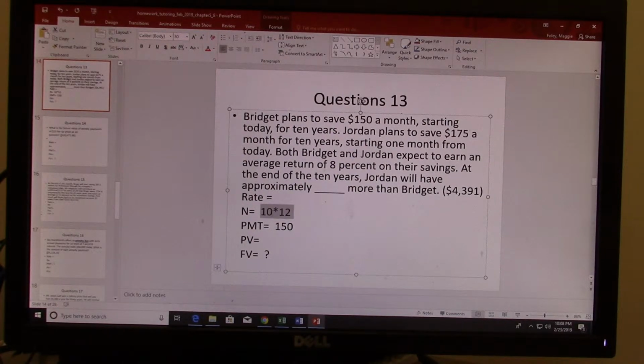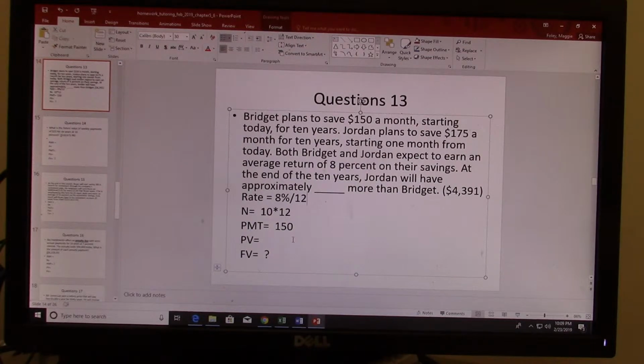So N should be 10 multiplied by 12. The rate should be 8%, but divided by 12. 8% is the annual interest rate, so they're making savings every month. So the rate should be 8% divided by 12.